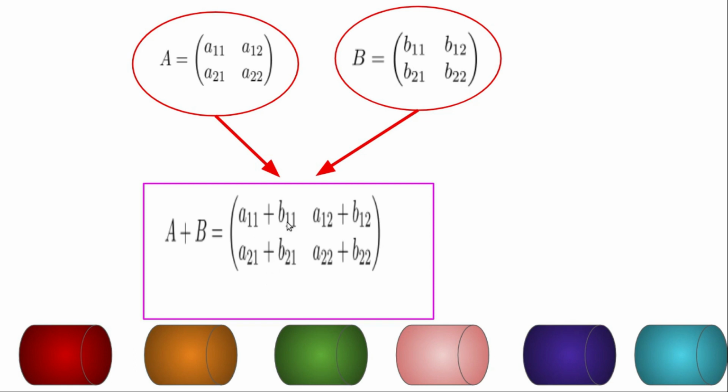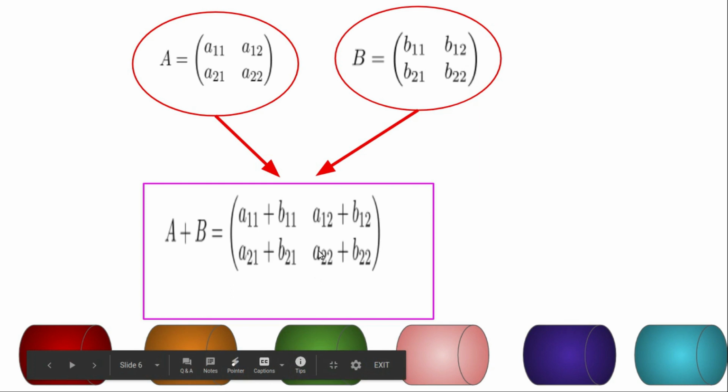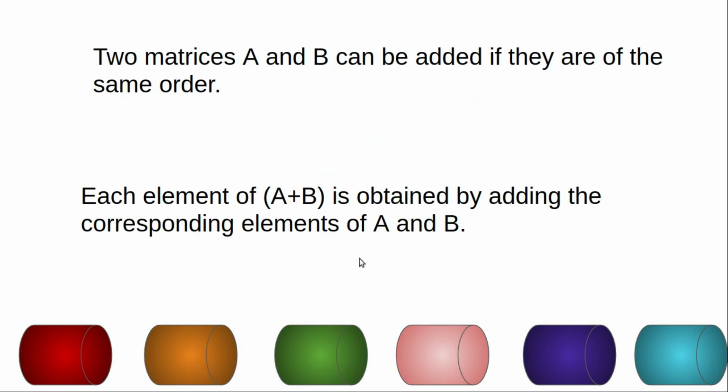Then A plus B is also of order 2 by 2. First element of A plus B is obtained by adding first element of A, A11, plus first element of B, B11. Then second element is A12 plus B12. Then A21 plus B21, A22 plus B22.